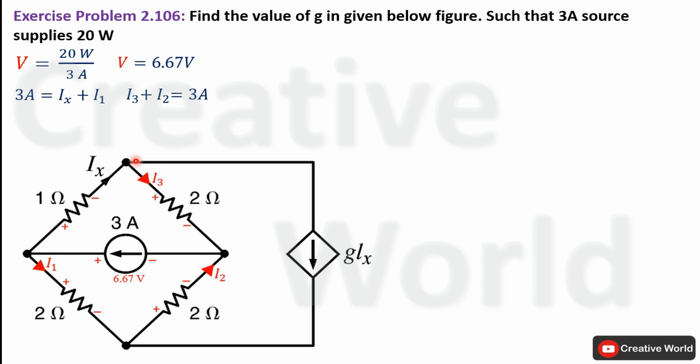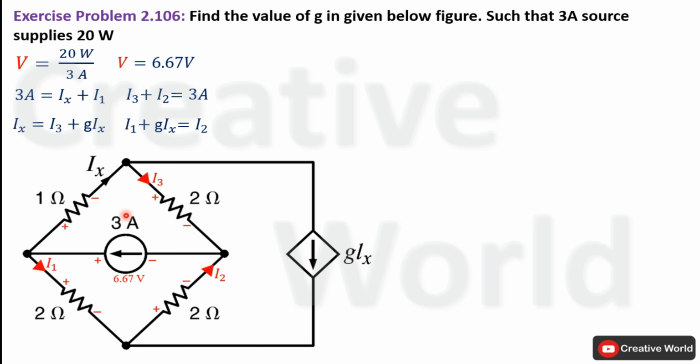Current equation for this node will be: entering current is Ix while leaving currents are I3 and the current of this dependent source, that is Gix. Similarly, on this node, two currents are entering, one is I1 and other one is Gix, and only one current is leaving, that is I2. So its current equation will be I1 plus Gix is equal to I2.